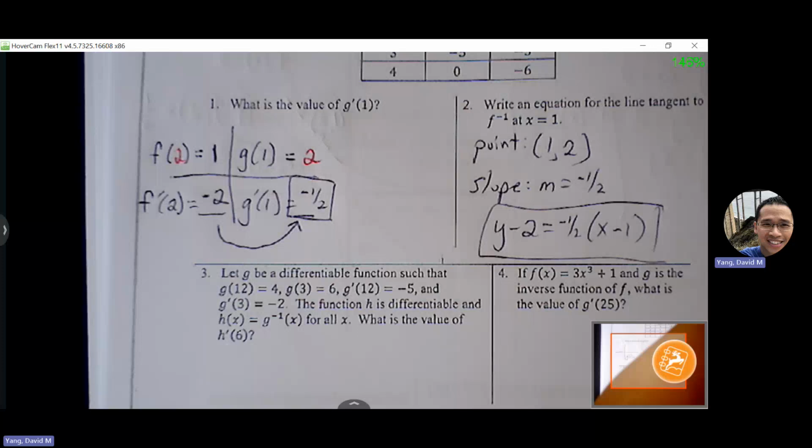Okay, any questions? If you know how the chart works and the flow of the chart, then you can always use it, gather enough information, and understand that relationship. You have homework from the rest of implicit differentiation, and also a little bit from derivative of inverse at a point.